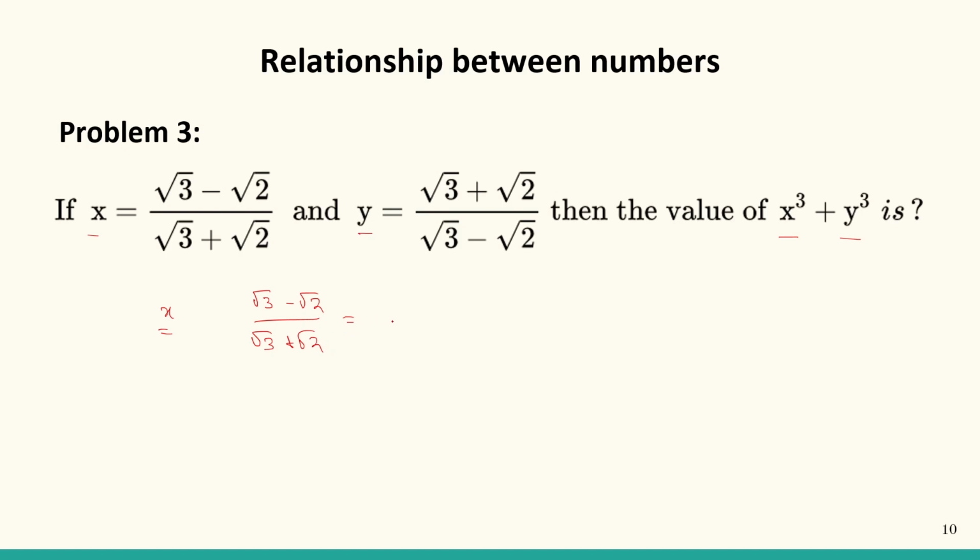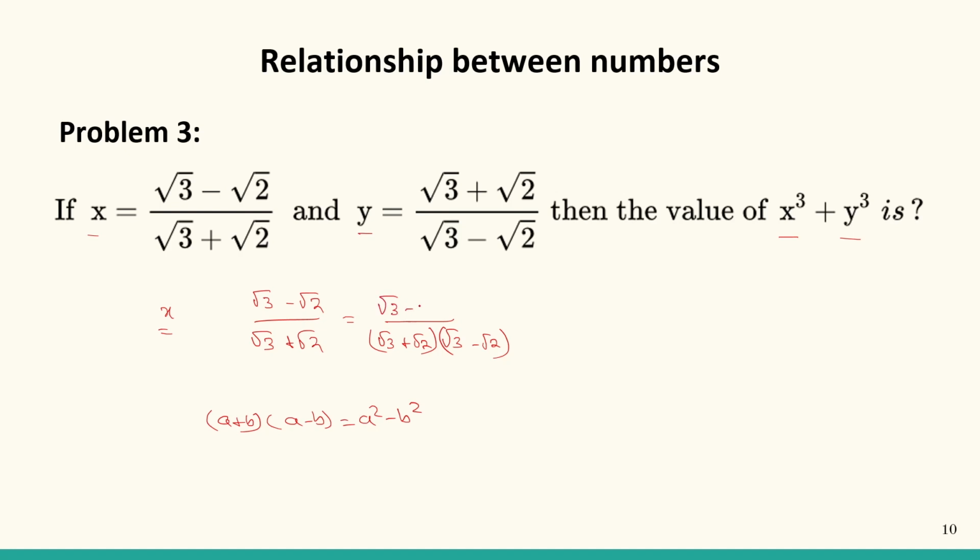We already know the formula, right? A plus b into a minus b is equal to a square minus b square. So we multiply √3 minus √2 in the denominator, and we also have to multiply the same with the numerator in order to equalize these two things.